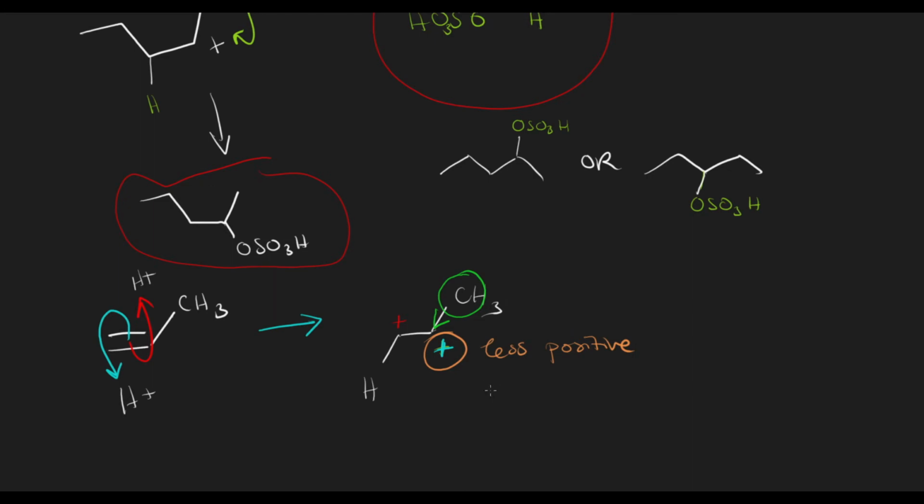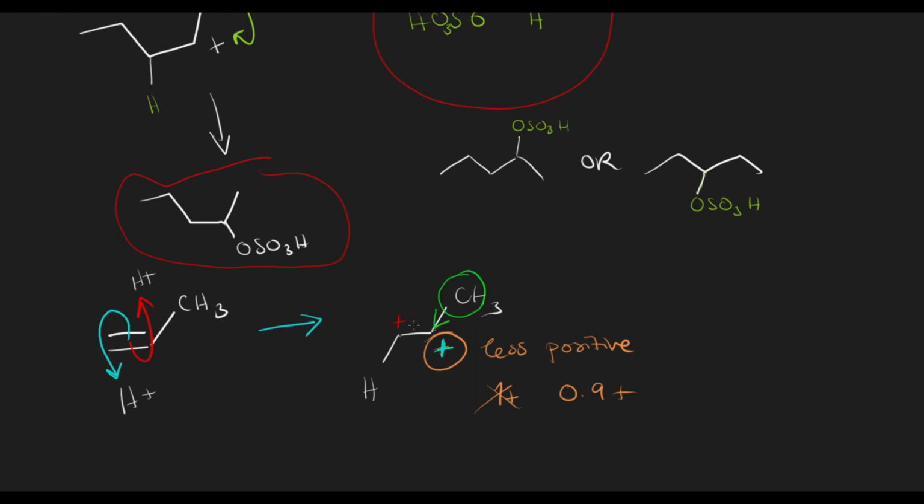So instead of being 1 plus, you can think of it as being more like 0.9 plus. It's not a full positive charge because this methyl group donates some of its electrons into that positive charge, and that stabilizes it, makes it less positive. Things don't like to be charged. When they're charged, they're unstable. Whereas in the red position, there is no carbon atom to do that donating.